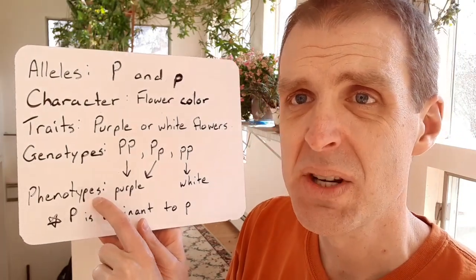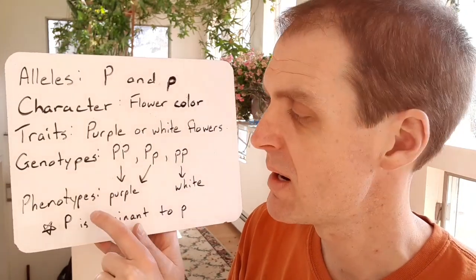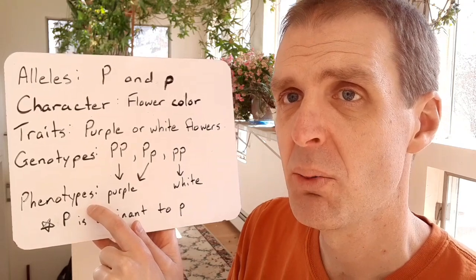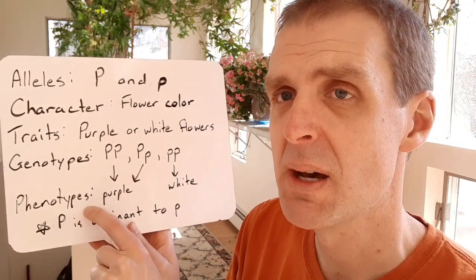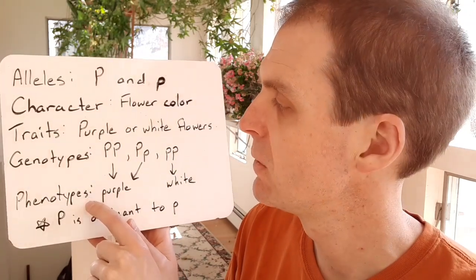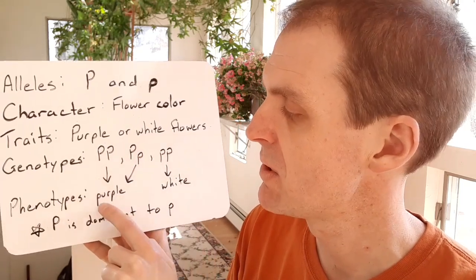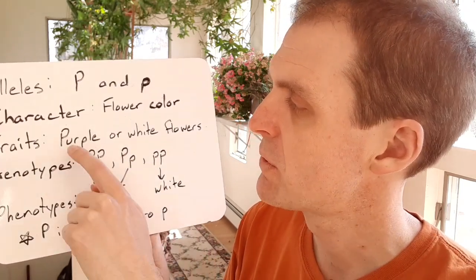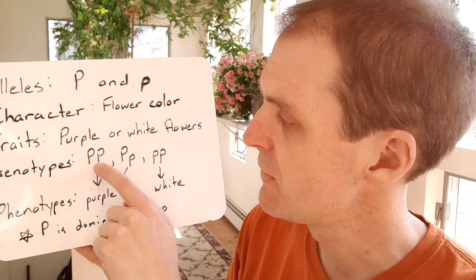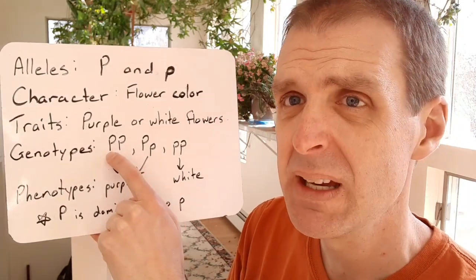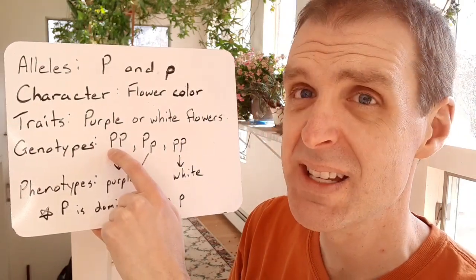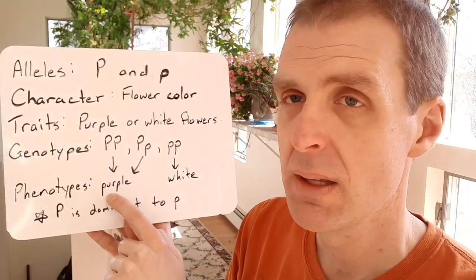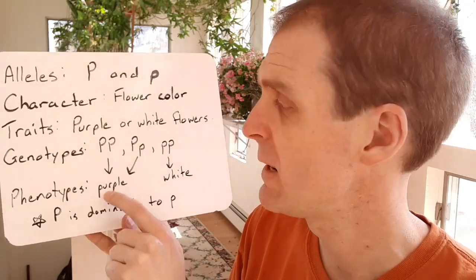Okay? So genotype is what genes are there, and phenotype is what the trait ends up being when you have a specific type of genotype. The traits could be purple or white. If it's a capital P, so you're homozygous for capital P, that pea plant will have purple flowers.